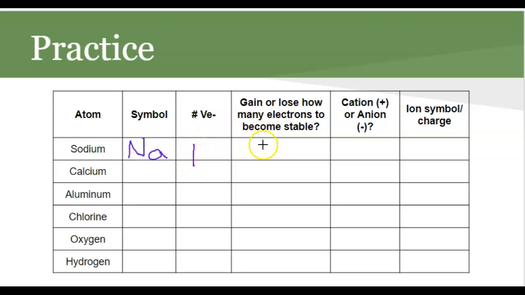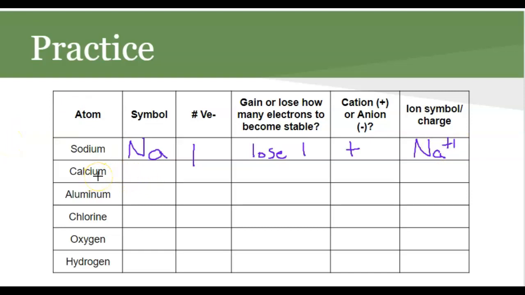So because it only has 1, it will lose that 1. And if it's losing an electron, it's going to become a little bit more positive. So you can write cation or put positive. So overall, it will become Na, and then if it helps, you can put +1. Otherwise, you just have to put plus.